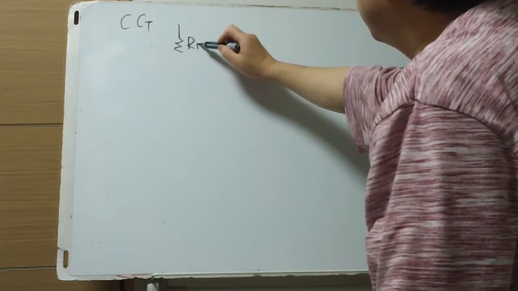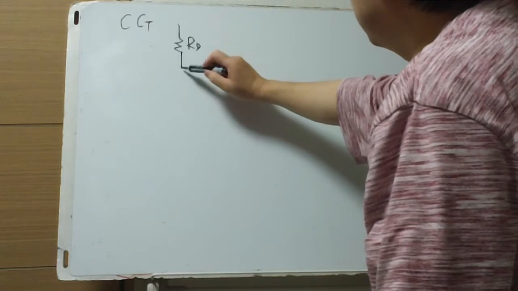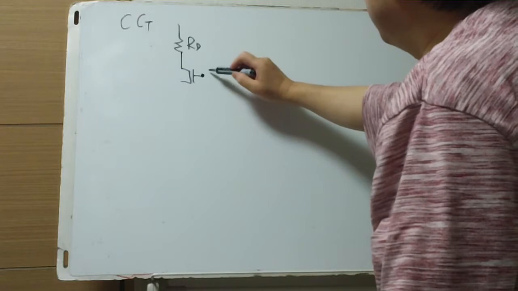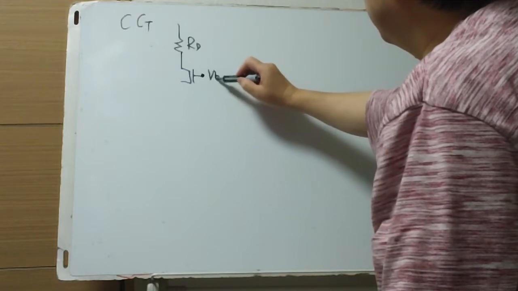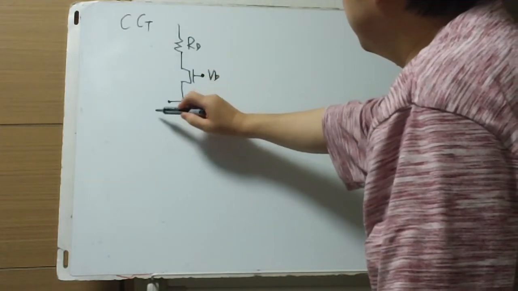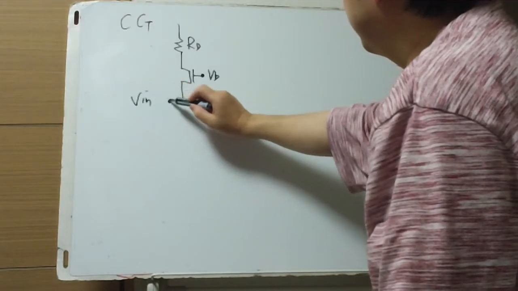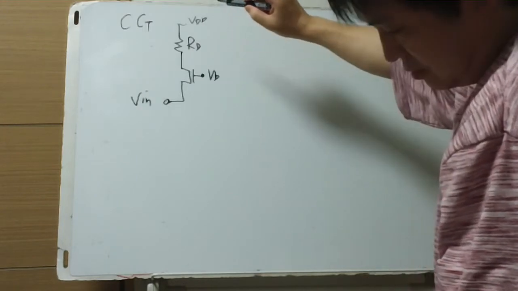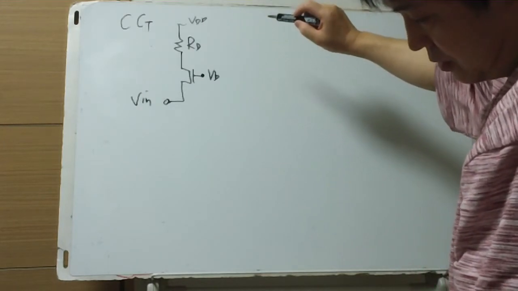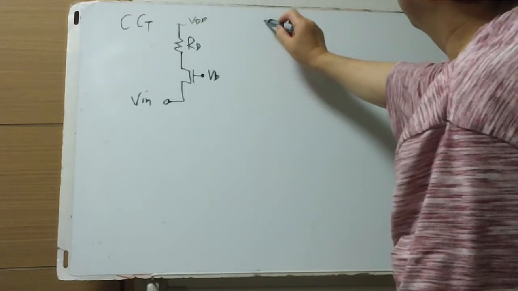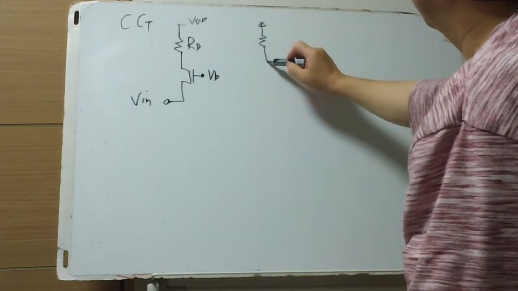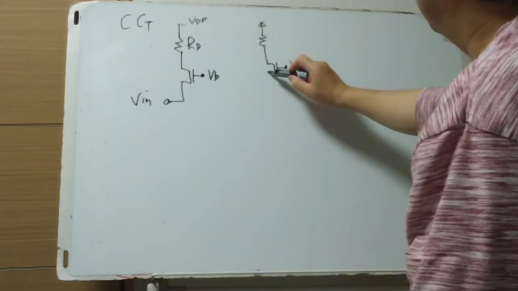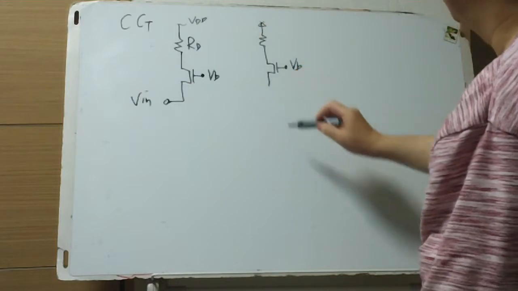There is some impedance RD, like in the textbook, and the bias voltage, maybe cascode biased, is there, and this is the input Vin and VDD. So the AC equivalent is used to calculate the output noise or input noise.